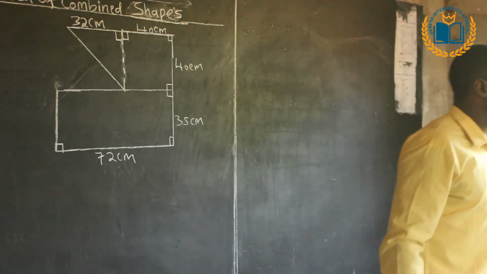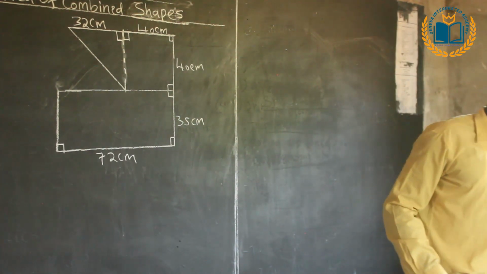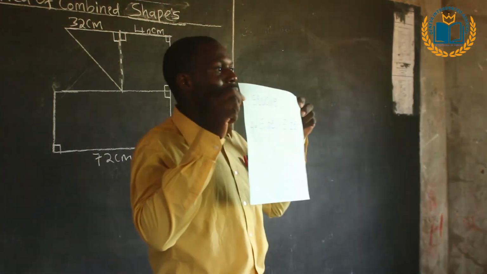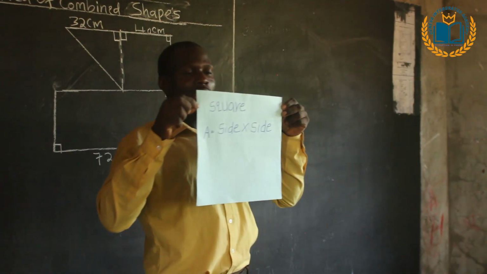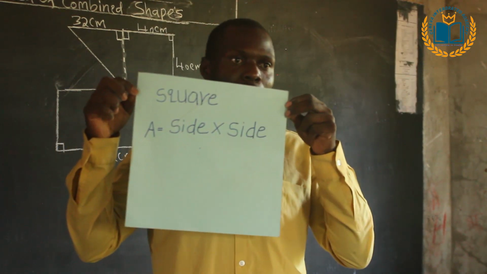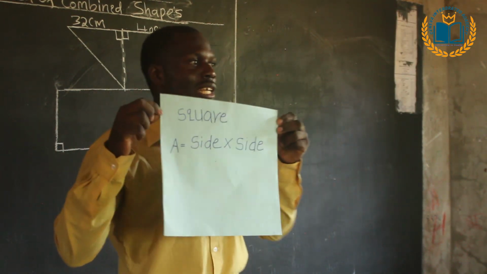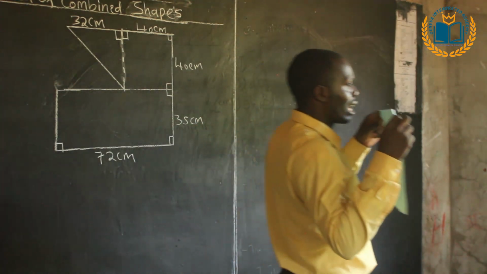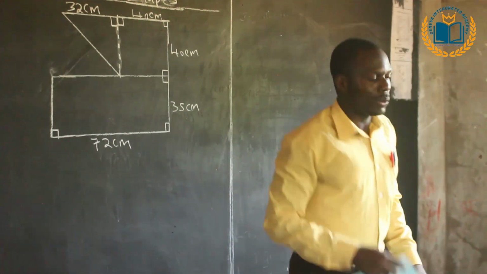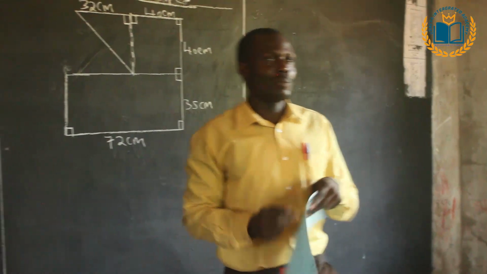Then we moved on and talked about the area of a square. I remember we used something like this one. What is the shape of this one? Square. Now, how do we find the area of a square, class? Side times side. Yes, the area of a square is side times side. Thirdly, we talked about a shape that looks like this.